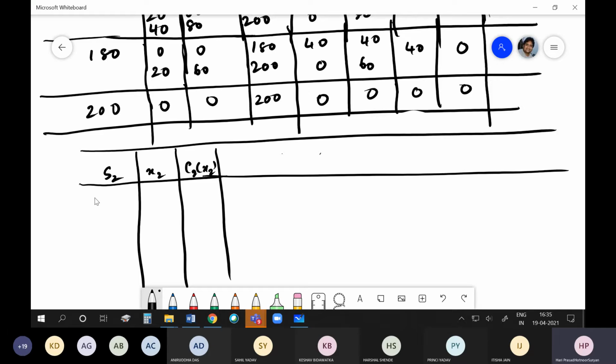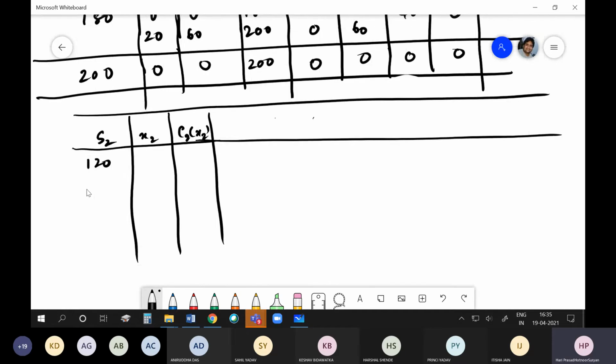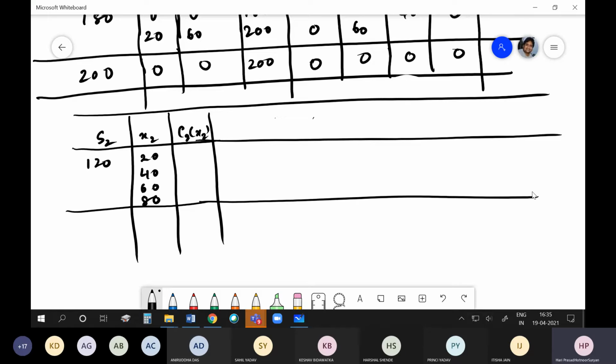Okay, so S2 is 120. If it is 120, what are the possible values of X2? What is the minimum I should do? So 20, 40, 60 and 80. Okay. So for this, C2 of X2 is 80, 110, 130 and 150.